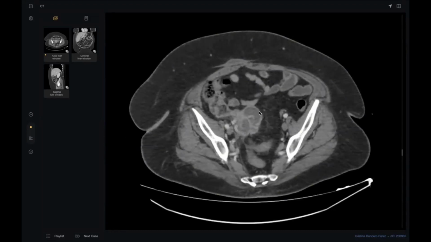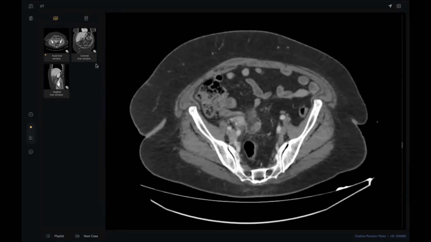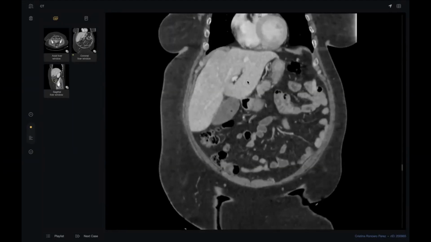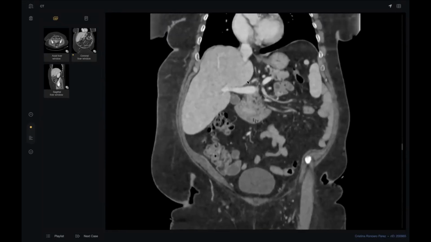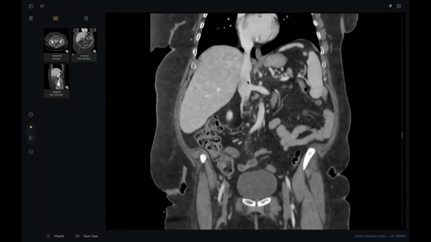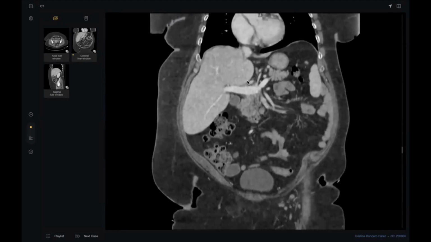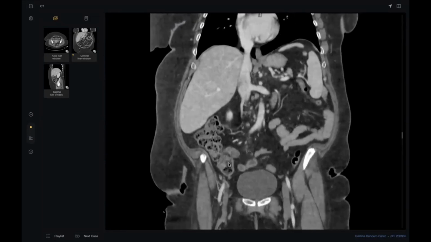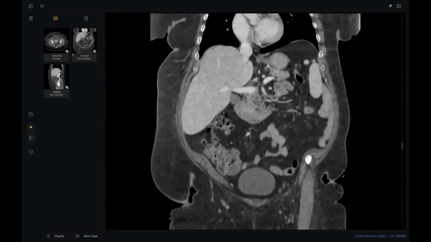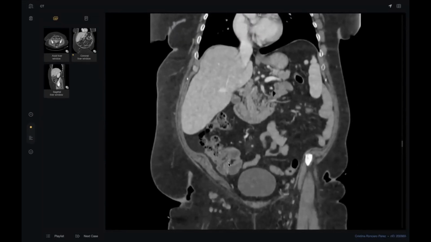Okay, look here, much better here. See my colleague, this one. Hydrosalpinx surrounded the tubo-ovarian abscess associated with reactive appendicitis.